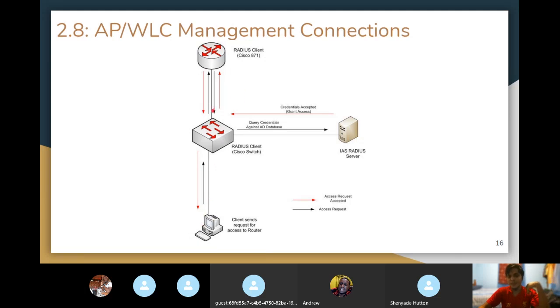Then these devices will put a query against this database. So they query credentials against, well, the Active Directory database or the RADIUS database or whatever it is, some AAA server. They will say, hey, this guy wants to connect to me. He just submitted these credentials. Just check that there. And then the RADIUS server will check it and say, hey, I see a John.doe here.